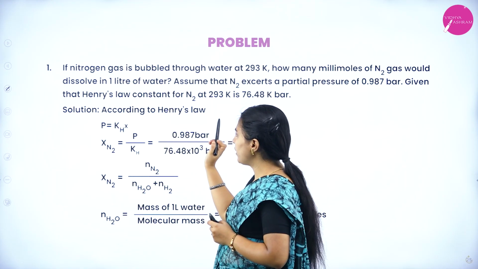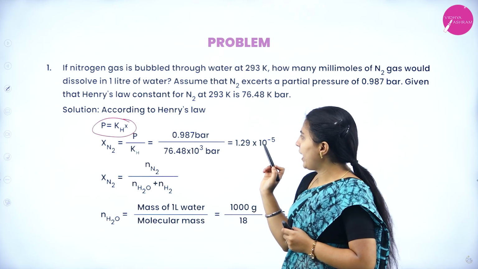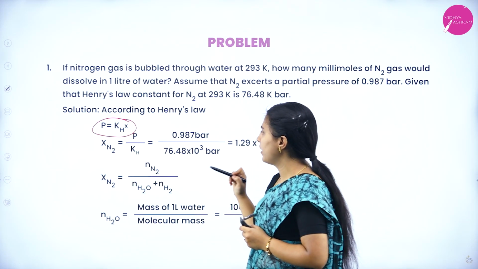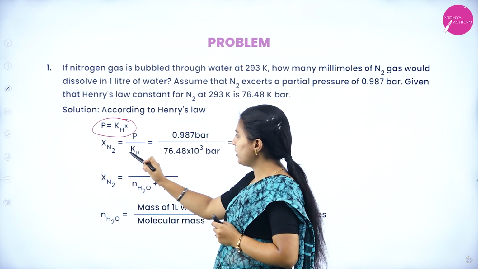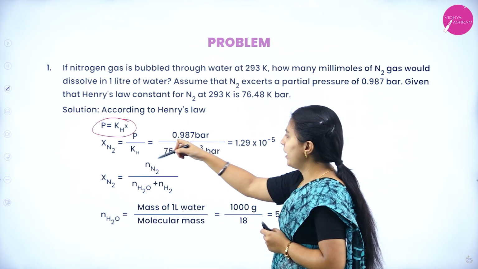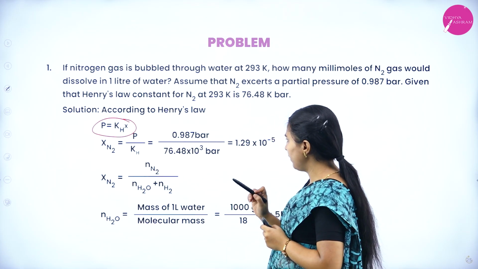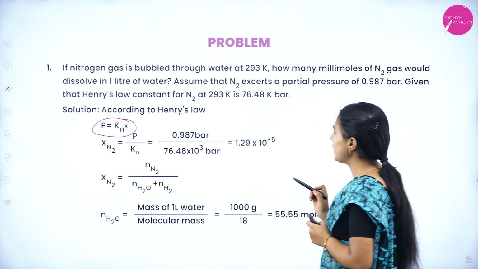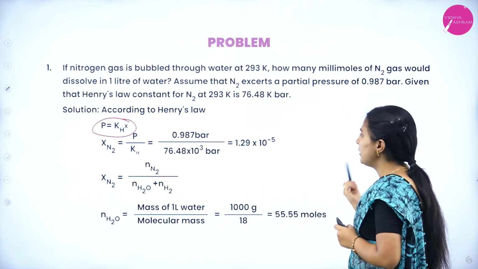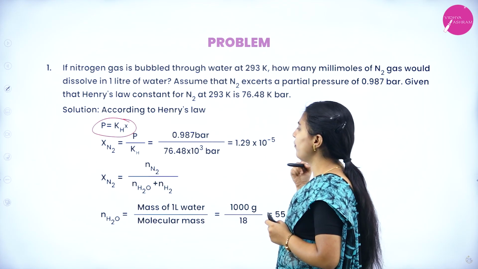Solution: according to Henry's law, this is the formula: P equal to KH X, where X is the mole fraction. X of N2 equal to P by KH, 0.987 bar divided by 76.48 into 10 to the power of 3 bar, equal to 1.29 into 10 to the power of minus 5.